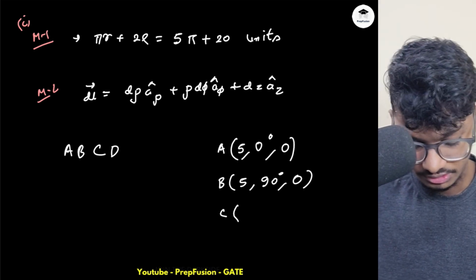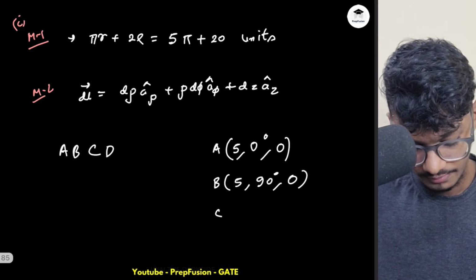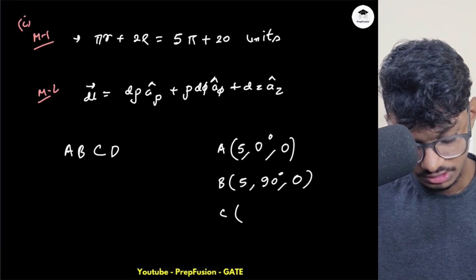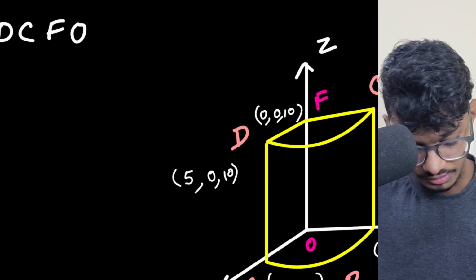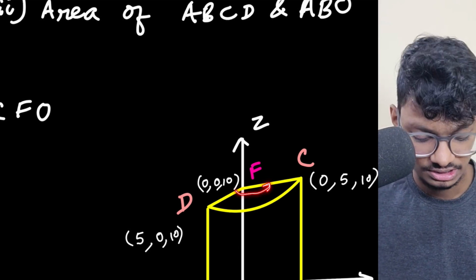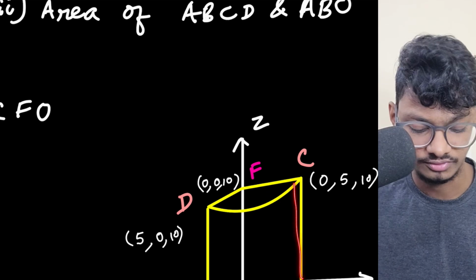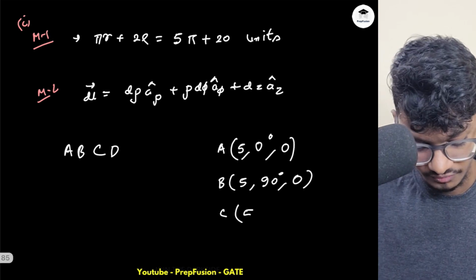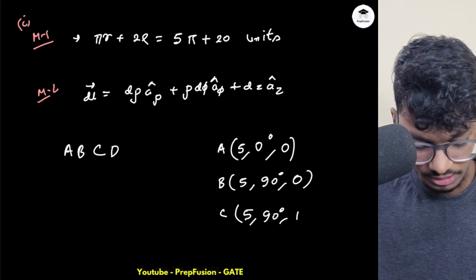What about the C point? For C, I have to rotate 90 degrees from the x-axis, but this time z is also 10, because I have to go above 10 units as well. So rho is 5 again, phi is 90, z is 10.